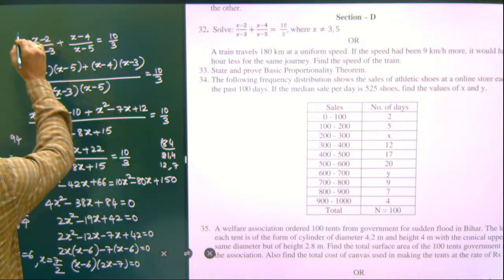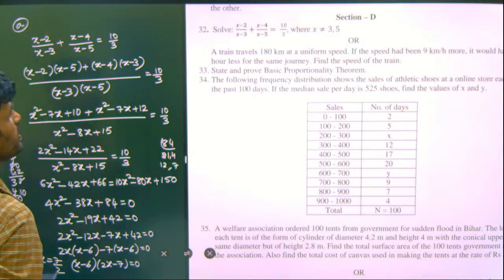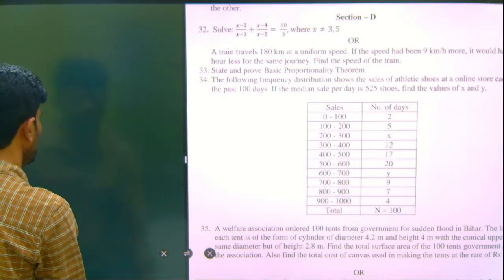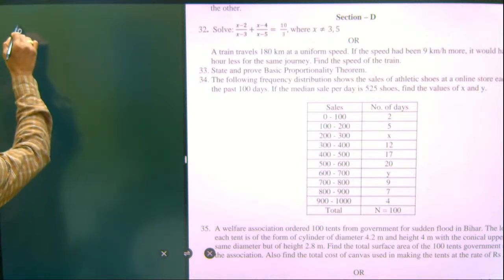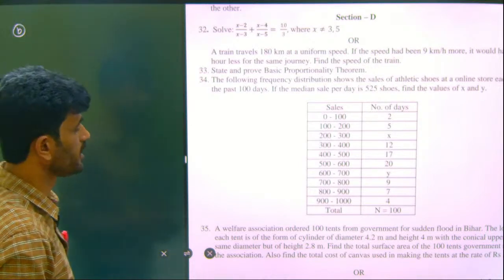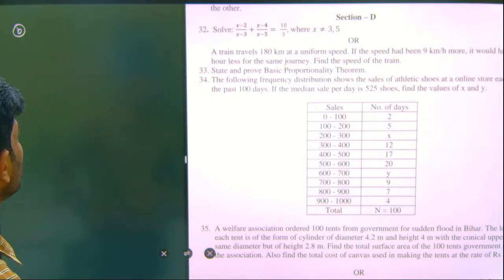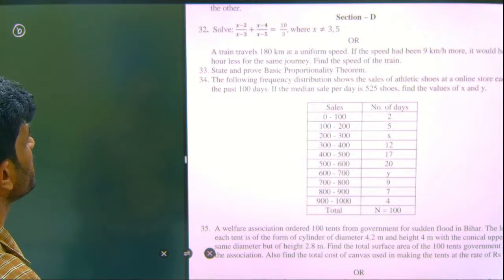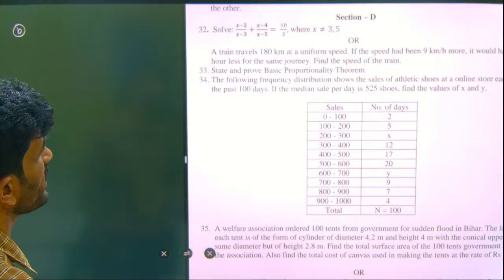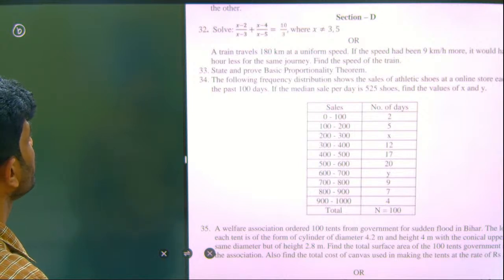This is 32A, now 32B. Many times I told you, train related, motorboat related, water tap related, speed, distance, time related questions are very important for 5 marks. So here also a 5 marks question: a train travels 180 kilometers at a uniform speed. If the speed had been increased by 9 kilometers per hour, it would have taken 1 hour less.